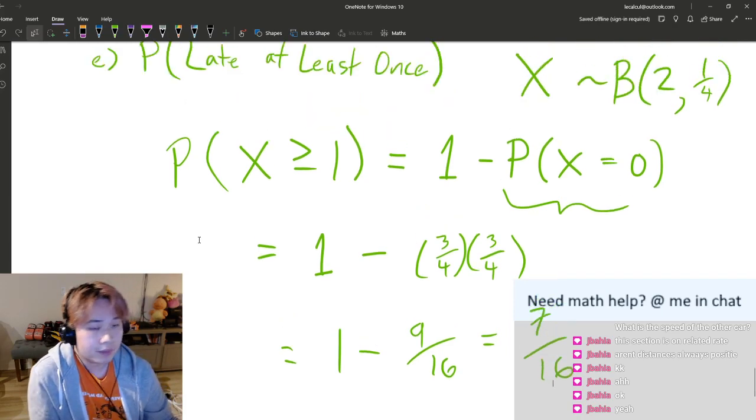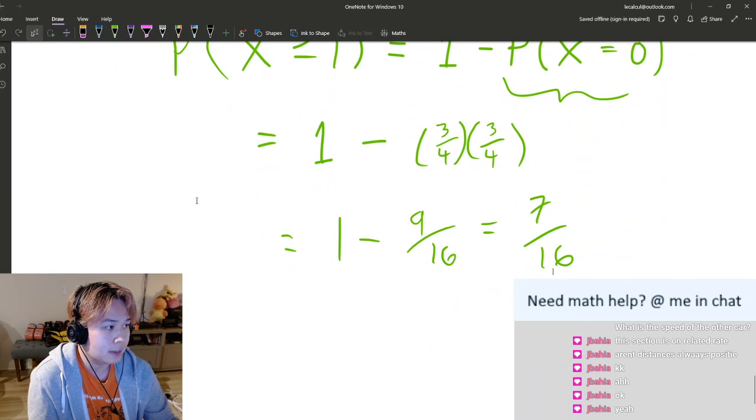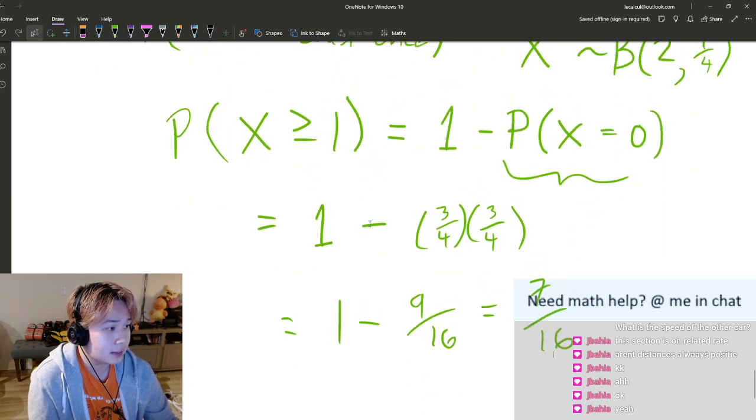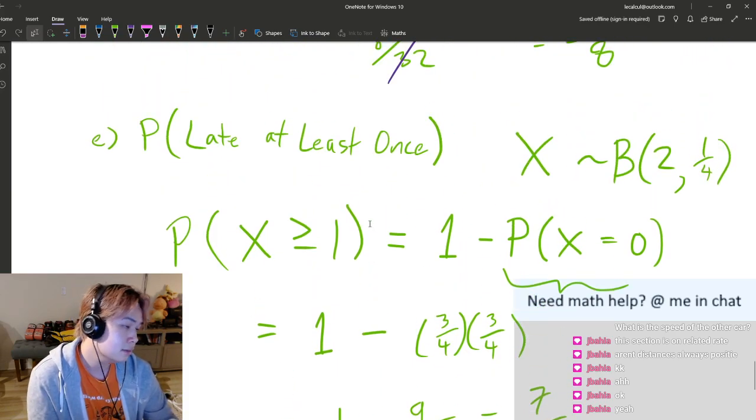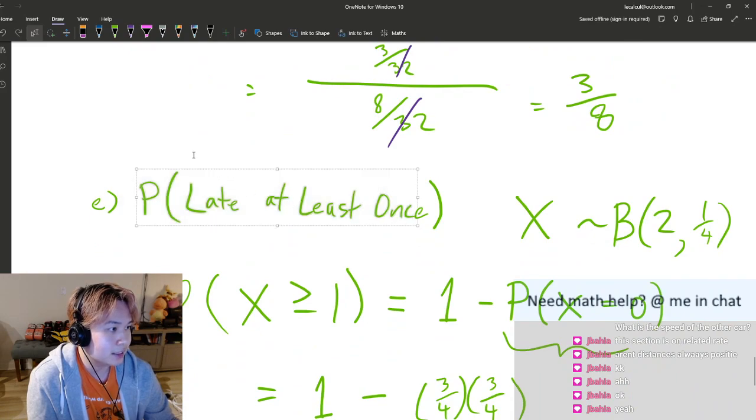Okay, so then this one, honestly, I probably wouldn't do it like this in the middle of a test, just because the numbers are so small. You know, he's only going to work 2 times a week, so I would probably do it this way.